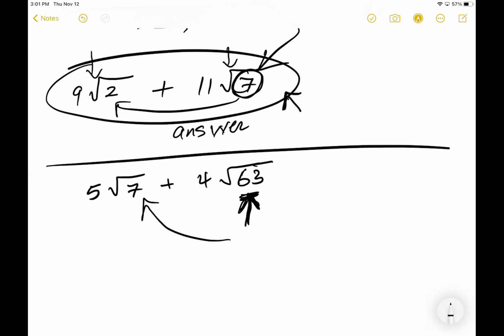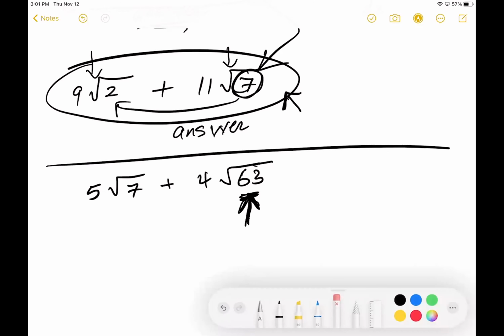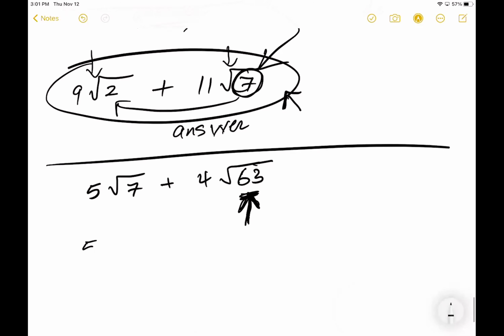And if you look at this, most of the time, ladies and gentlemen, if there's a 7 here, you should be able to see that 9 times 7 is 63. And that's our goal. Our goal is, how can we make this 63 become a 7?